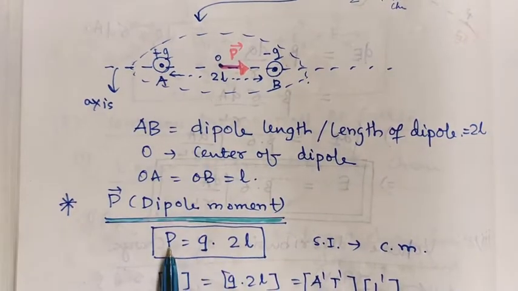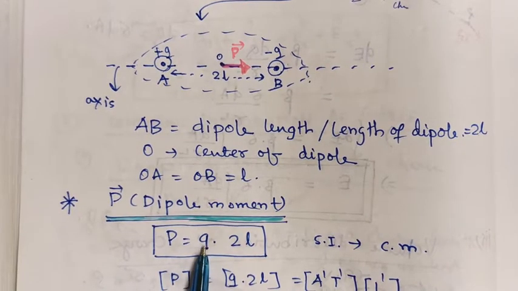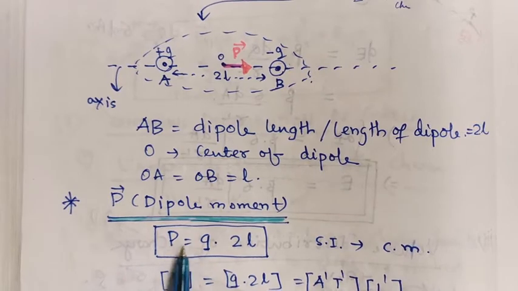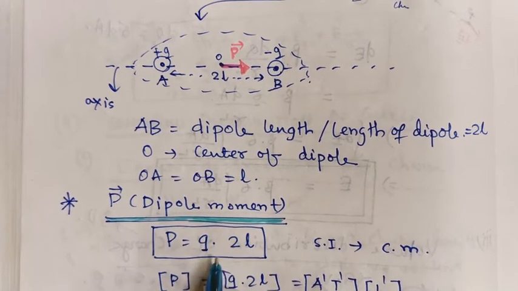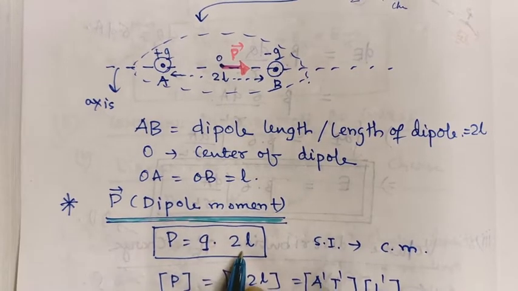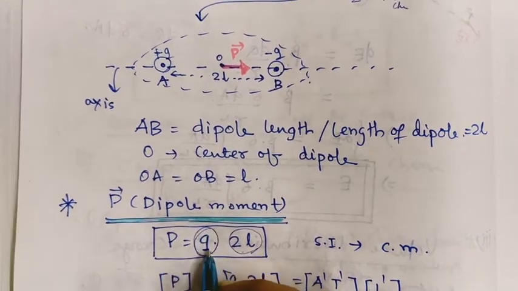So dipole moment is defined as the product of the magnitude of the charge of each pole and the dipole length. This is the dipole length and this is the magnitude of each charge of the dipole.